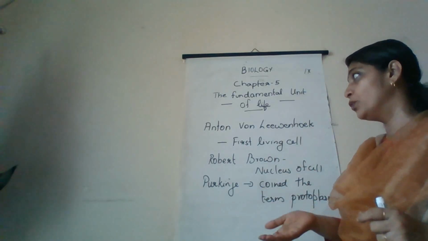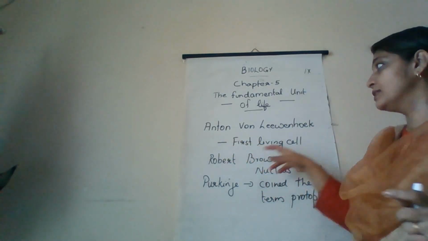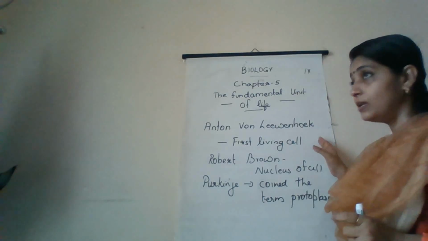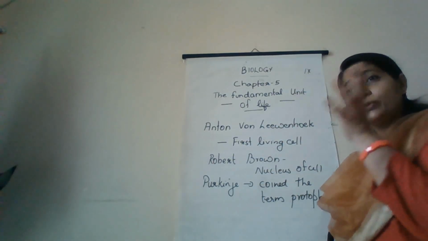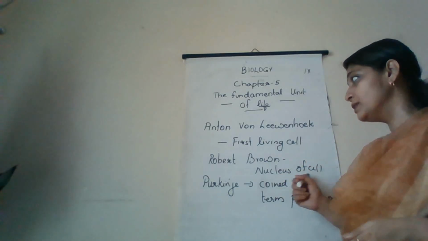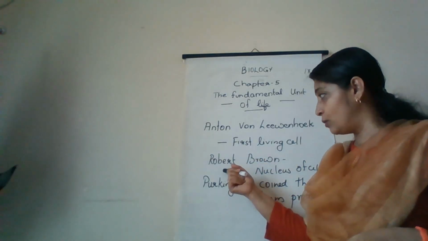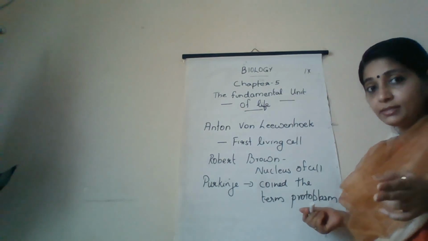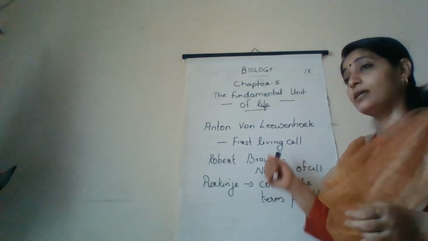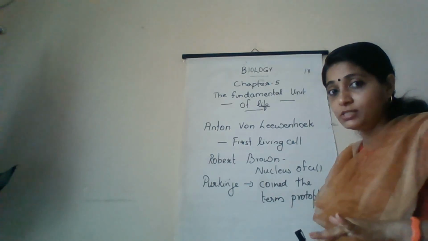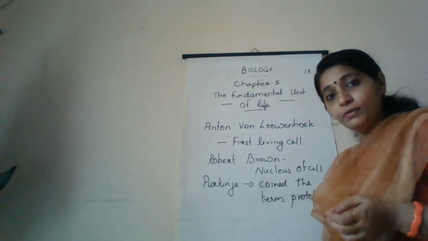When he observed pond water, he observed the first living cell. The nucleus of the cell was discovered by another scientist, Robert Brown, and Purkinje is the scientist who coined the term protoplasm. These are some of the things we have to study from the history of the cell.